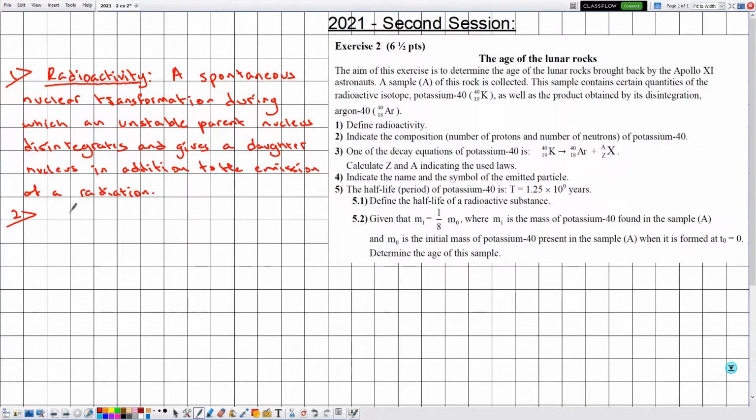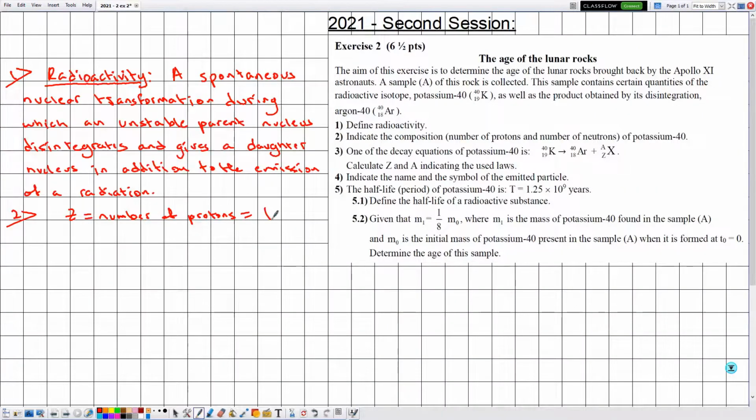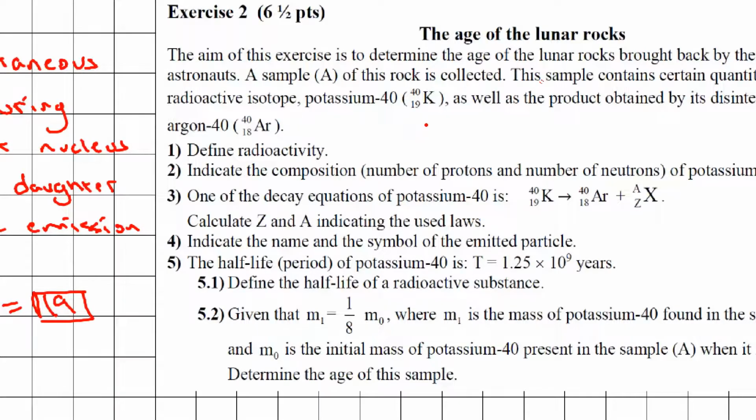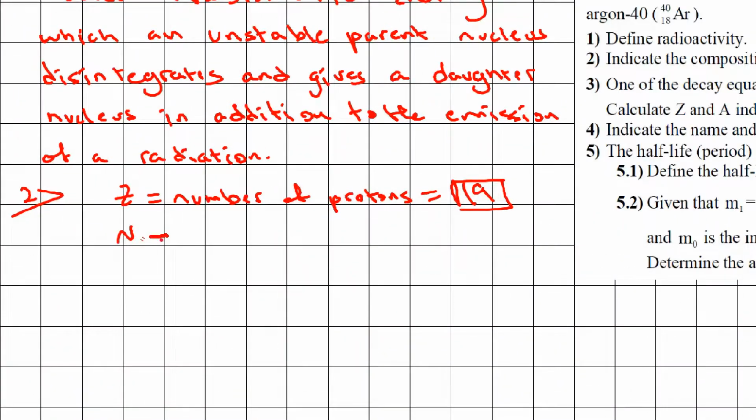Then Z is equal to the number of protons, and in this case Z is 19. Always remember that the nucleus is represented by X with A and Z, in which Z represents the atomic number and A is the mass number.